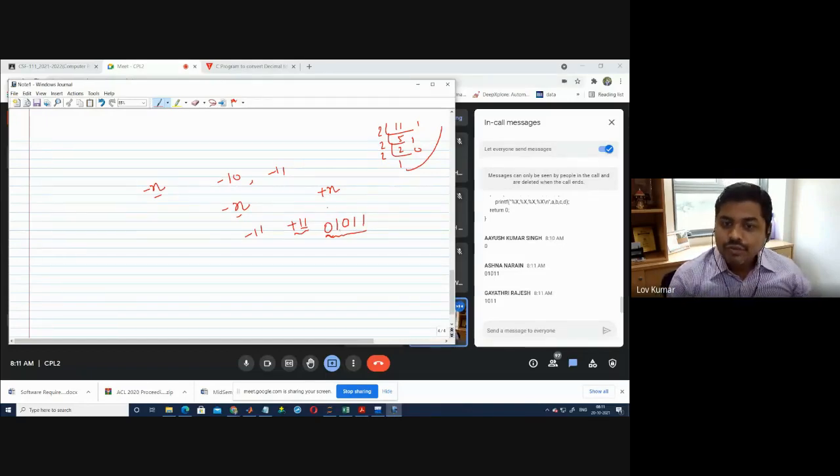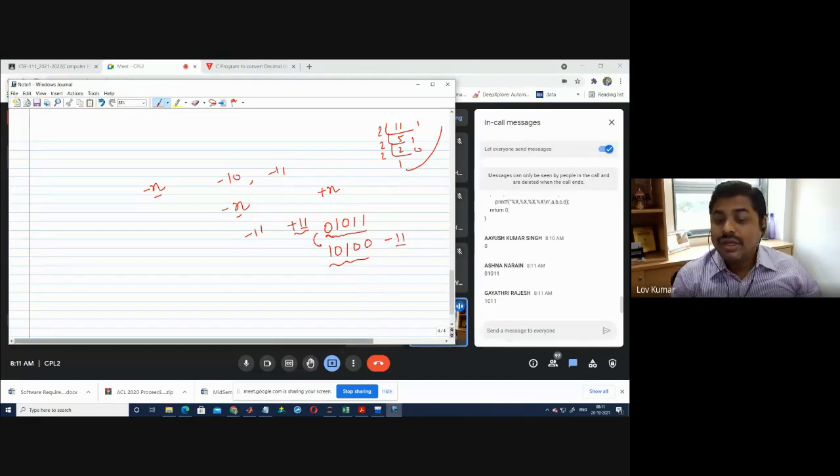Okay. If you are going to find the 1s complement of this plus 11, then you simply flip the values. If you are getting 1, you have to make it 0, and if you are getting 0, you have to make it 1. So as for example, we have 0, 1, 0, 1, 1, so we write 1, 0, 1, 0, 0. This is the representation of minus 11.